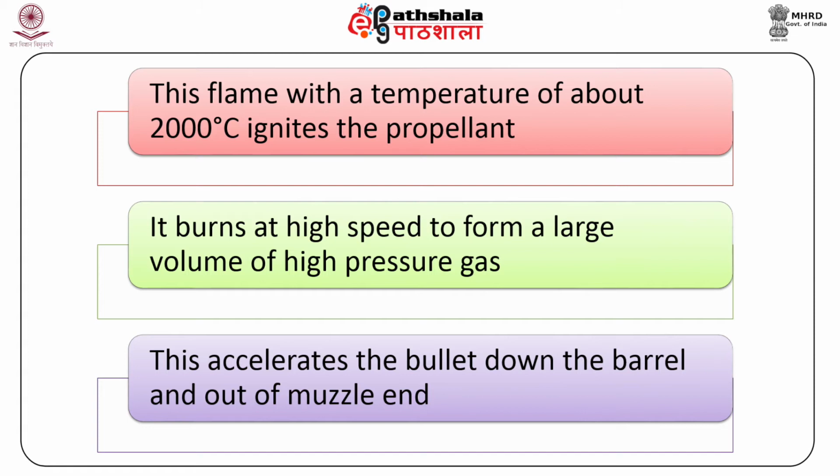This jet of flame, with a temperature of about 2000 degrees Celsius, ignites the propellant, which burns at high speed to form a large volume of high-pressure gas, which accelerates the bullet down the barrel and out of the muzzle end.